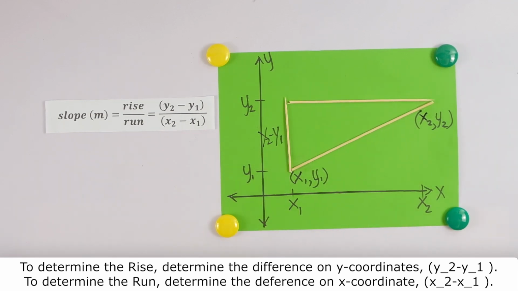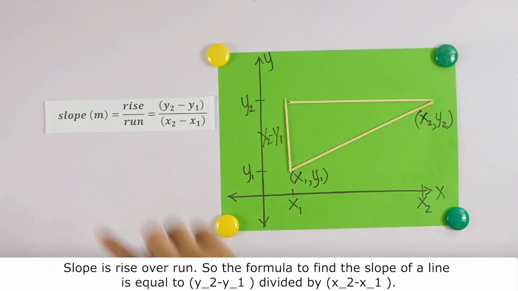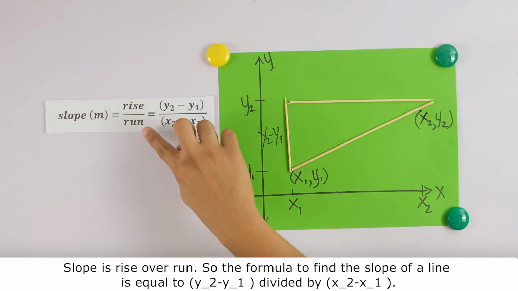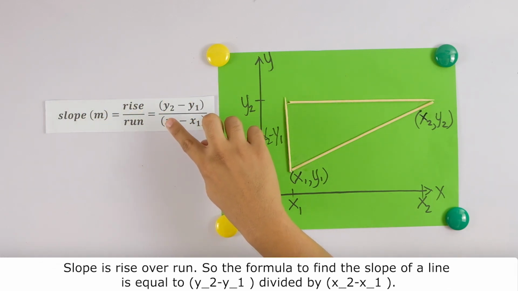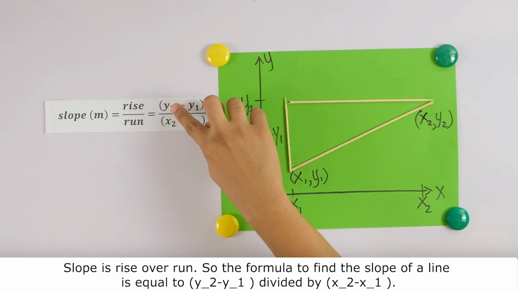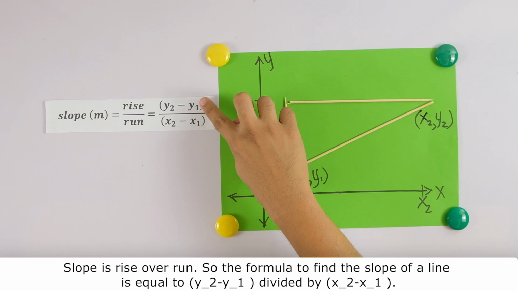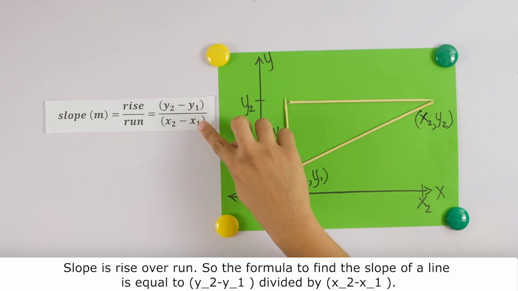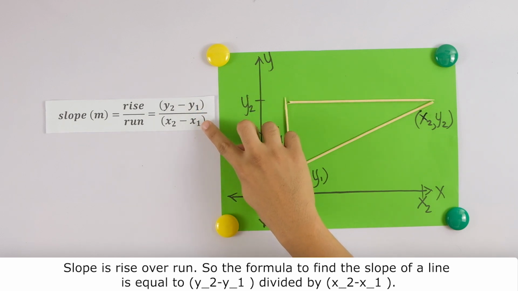To determine the run, determine the difference on x coordinate, x sub 2 minus x sub 1. Slope is rise over run, so the formula to find the slope is y sub 2 minus y sub 1 divided by x sub 2 minus x sub 1.